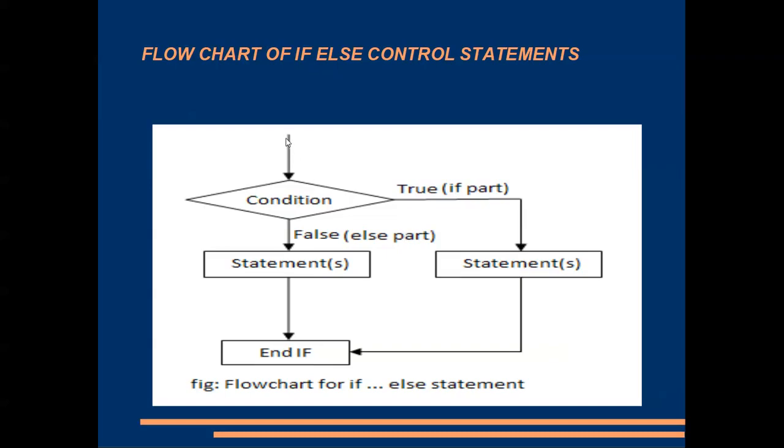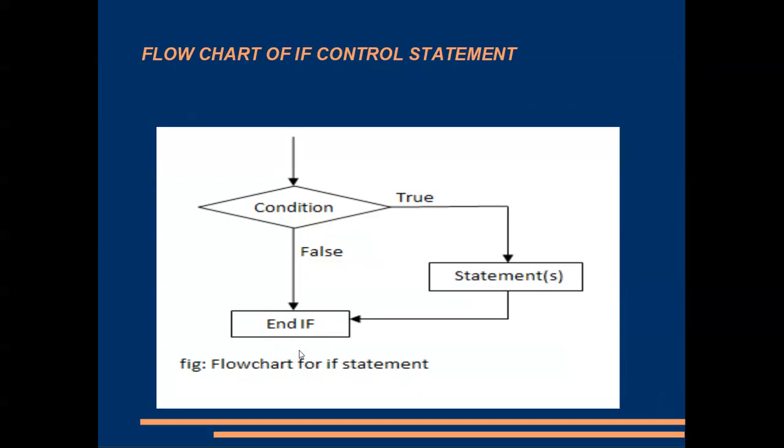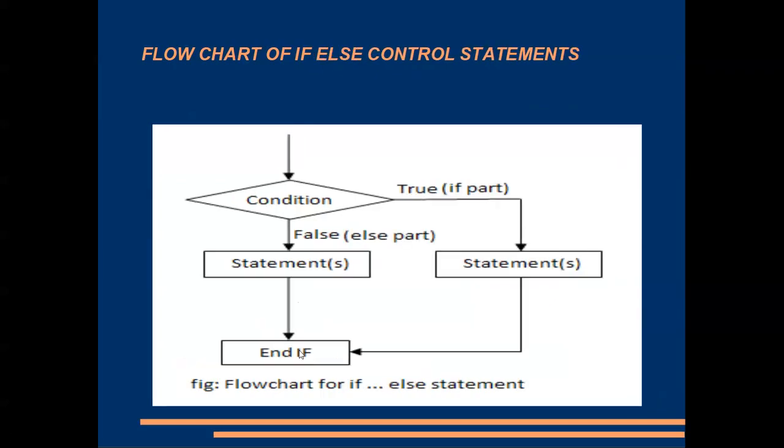If the condition is true, it is the if part, then the statements in the if will be executed and the program will reach the end. If the condition is false, then it will go to the else part and the statement present there will be executed, and it will go to the end of the program. You can cross check both flowcharts and compare the difference between their working.